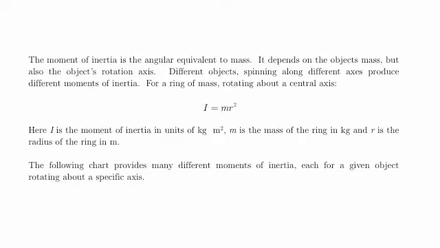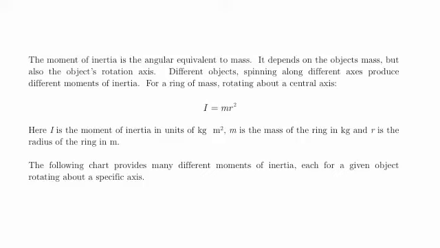The moment of inertia is the angular equivalent to mass. It depends on the object's mass, as we've seen, but also on the object's rotation axis. Different objects in different shapes spinning along different axes will produce different moments of inertia.